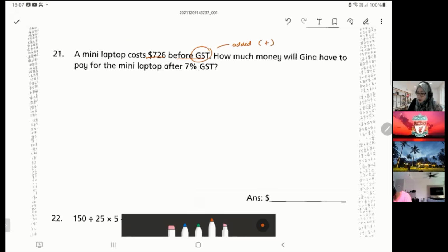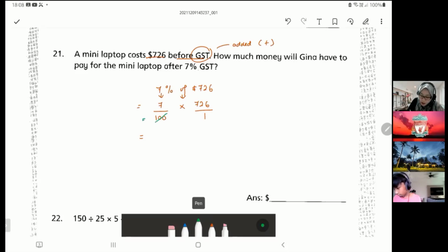Find the 7% first. 7% of your $726. This is 7 over 100. Of means times, 7 over 100 times 726 over 1. Then you divide by 2, we'll get 50. You divide by 2, you get 363. Then you're going to get $50.82.